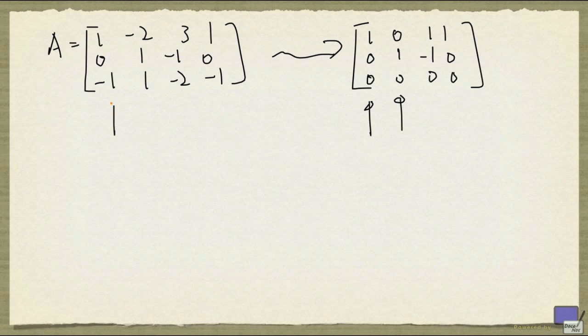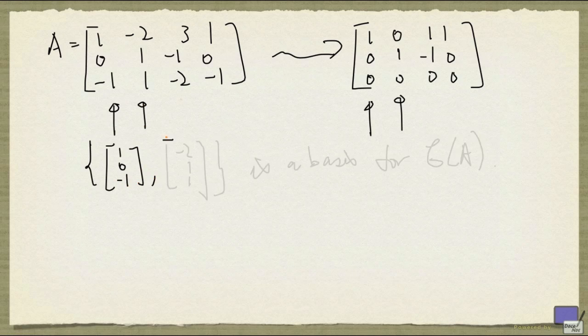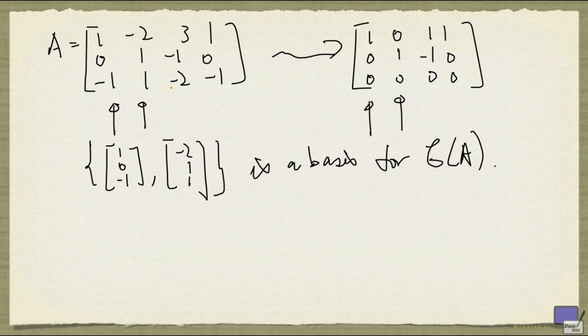And so these two columns will give me a basis for the column space of A. And in this case, it is not too difficult to see that column 3 can be written as a linear combination of the first two columns. What you do is you take A1 minus A2, so the first column of A minus the second column of A, and column 4 is simply column 1.